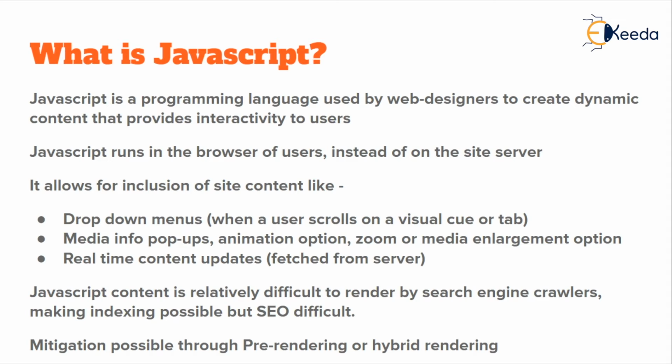Or you can also have hybrid rendering, in which case part of your content would be static and would be hosted on the server, and part of the content would be hosted on the browser. So this server hosted content is something which the crawler can easily render. However, the subsequent content which you are sharing with the users can be run on the browser for better interactivity.